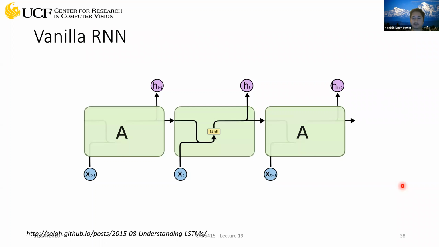All right. So a simple vanilla RNN could be that processing unit. You can just have an activation function in between and nothing else. Then what's happening at each time step, you will have some input. Let's say at this time step, you have this input and this is coming from the previous time step.